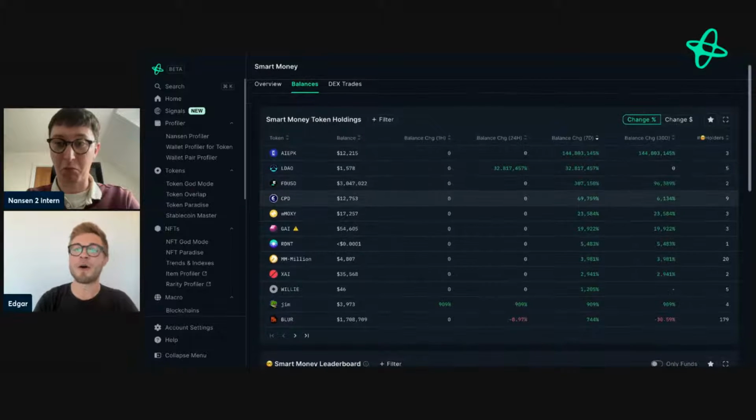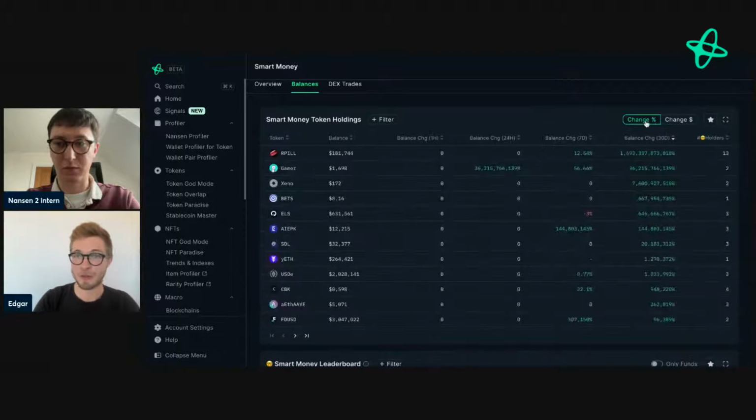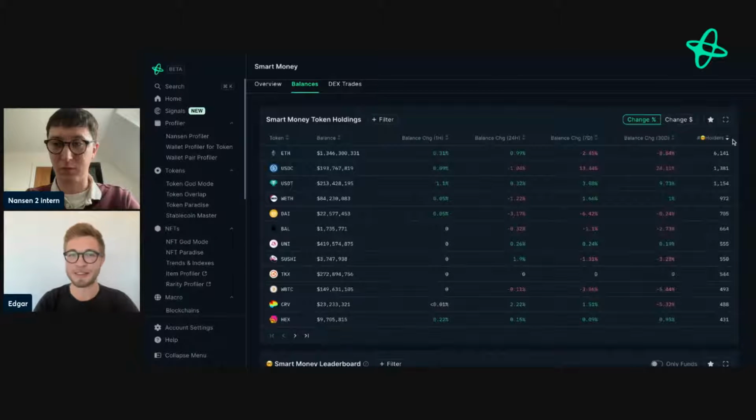How I would often use this is, for example, there is also the column that shows the total smart money holders. If you simply sort the chart by 30-day percent, then you see some quite astronomical figures here.